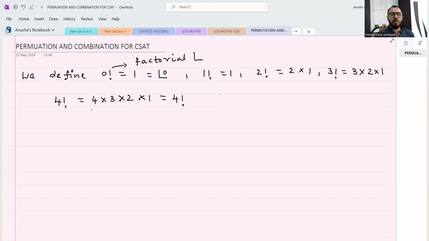So this is the product of the first four consecutive natural numbers.